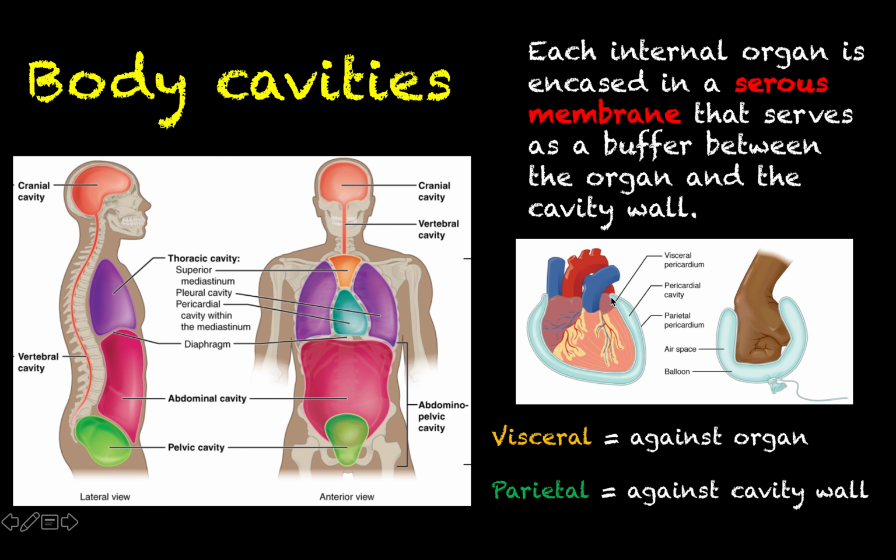And these serous membranes, like I said, come in pairs, a visceral membrane and a parietal membrane. The general idea is that the visceral membrane is positioned right up against the surface of the organ, so you can see the visceral membrane right up against the myocardial surface of the heart right here. And then the parietal membrane on the outside surface generally is attached to the cavity wall itself, in this case, the thoracic cavity wall.